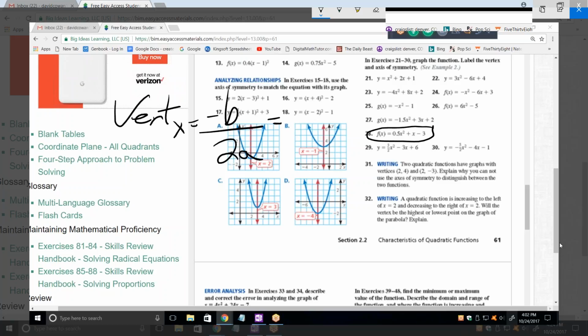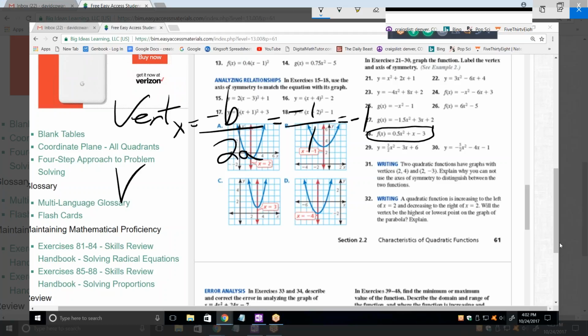So the opposite of b, so -1 over 1, I think. Yeah. So that's the x coordinate of the vertex.